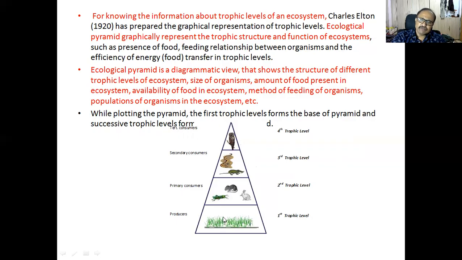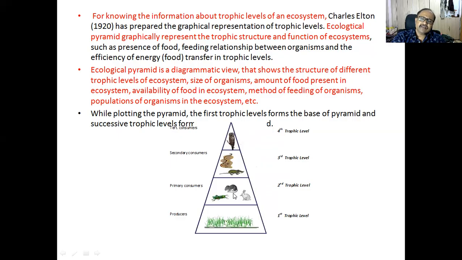Successive means one by one. Over the first trophic level, there should be the second trophic level. Over the second trophic level, there should be the third trophic level. And at the apex, there should be the fourth trophic level.